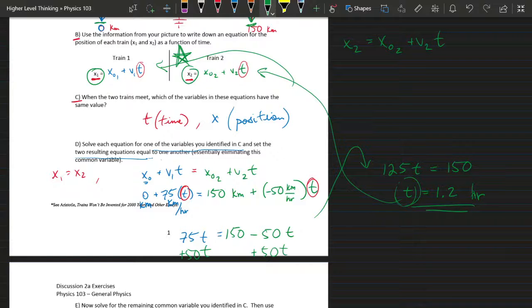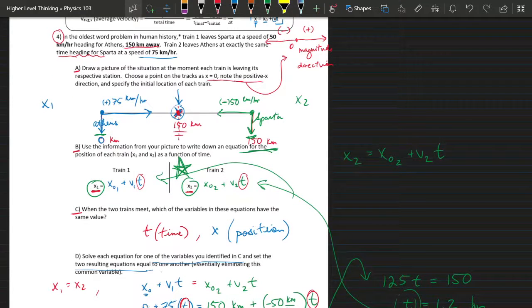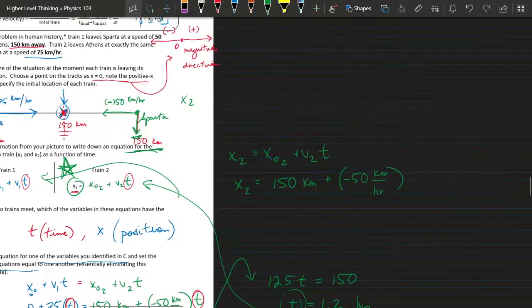So let's fill this in. The starting position for train 2, we said, was 150 kilometers. It started at the tail end of that coordinate system. So x2 equals 150 kilometers plus the velocity, which is negative, heading to the left, 50 kilometers an hour, multiplied by our newly found time variable of 1.2 hours.